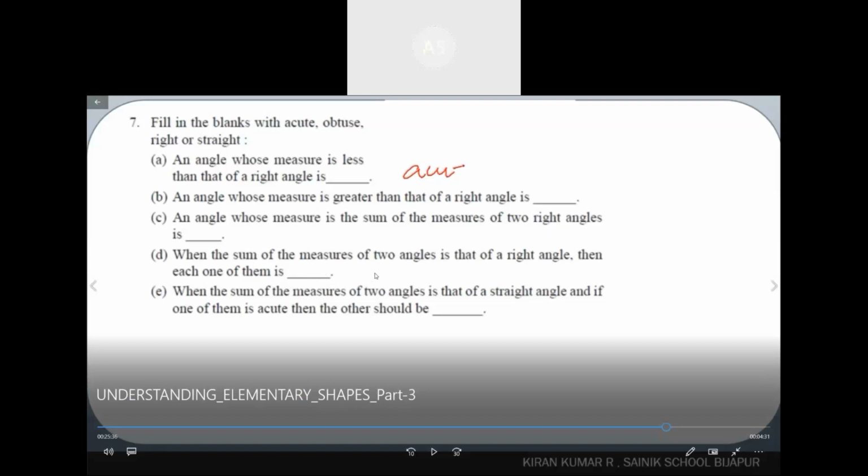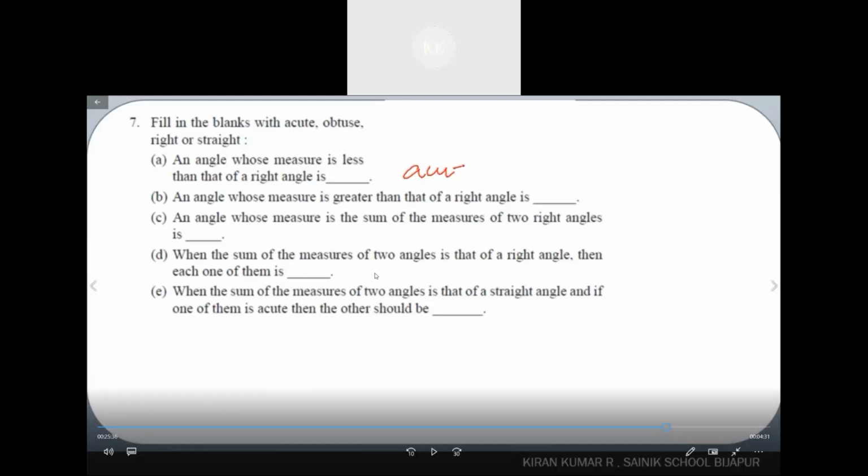What if the sum of two angles is making 90 degrees? What are they called? There is a name given for that. They are called complementary angles. Remember that complementary angles mean two angles whose sum must be equal to 90 degrees. Same way, there is something called a supplementary angle.